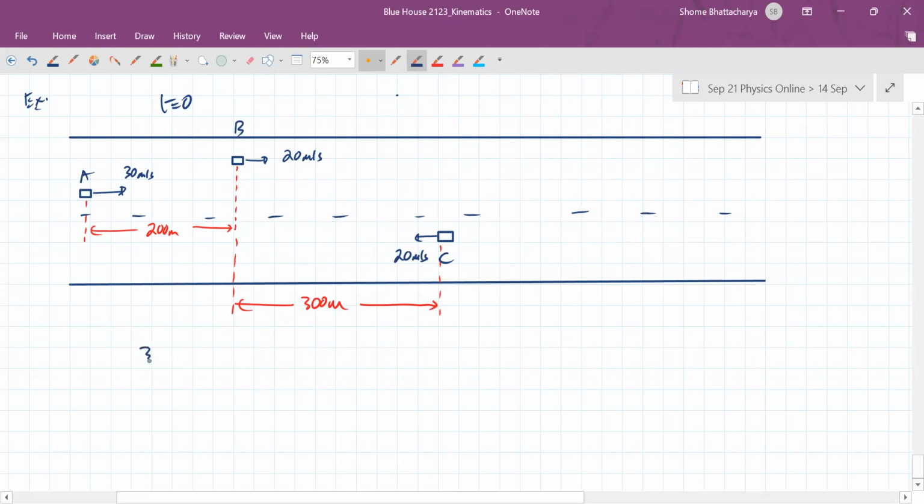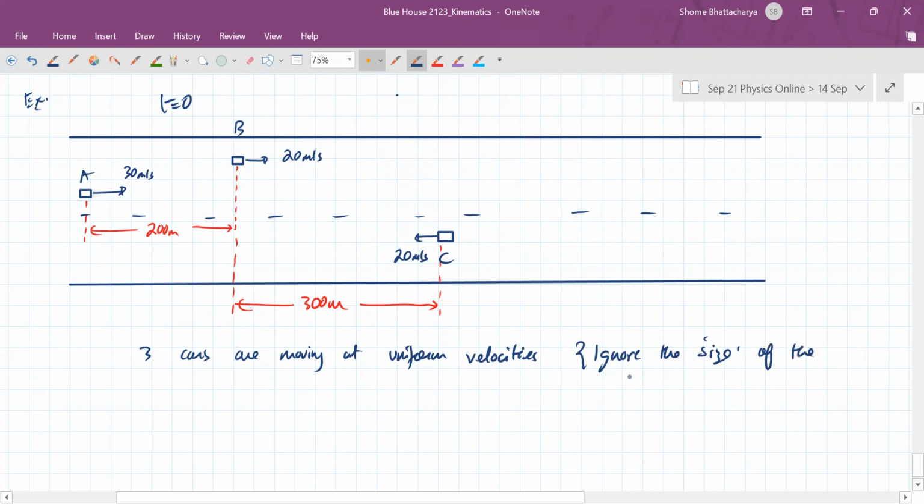So 3 cars are moving at uniform velocities. Ignore the size of the cars and treat them like particles. Just assume they are very small cars. Compared to these distances of 300 and 200 meters, let's say they are like go-karts or something, hardly a meter or so long, so you can neglect the size.